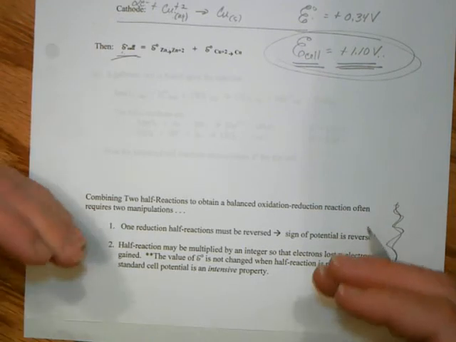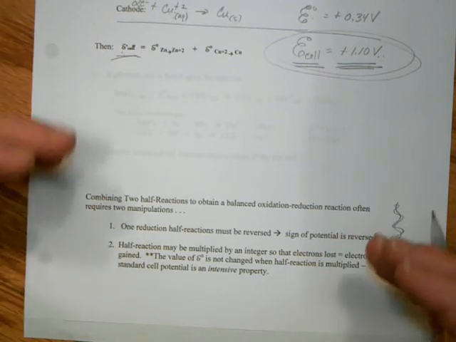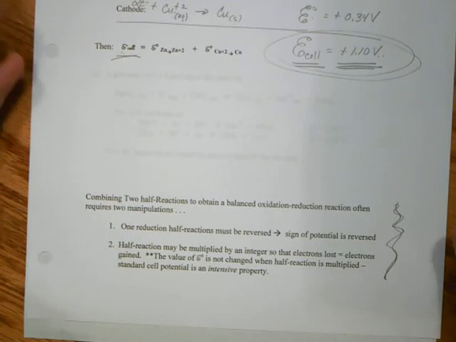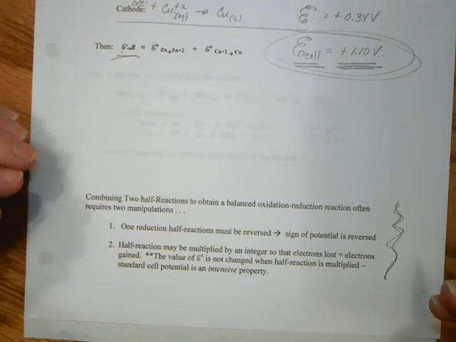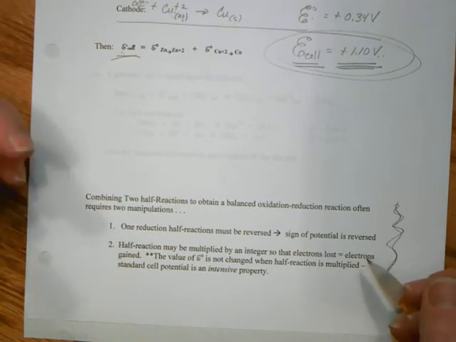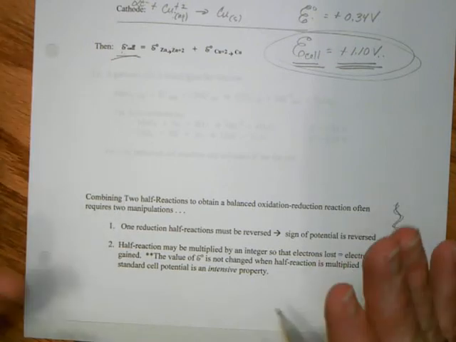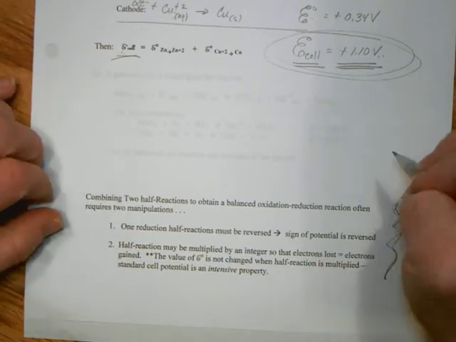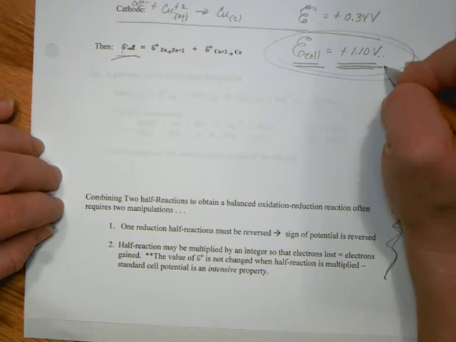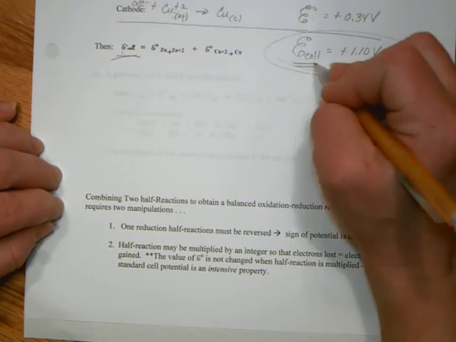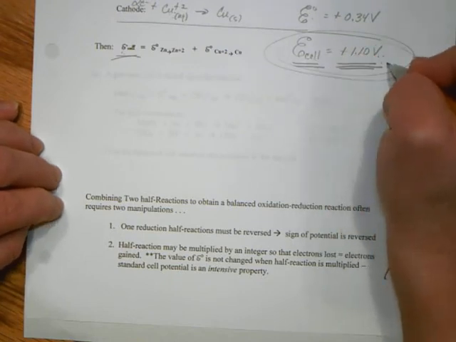Because we're only given reduction reactions, we're going to have to reverse one of our reactions. I'll show you in a moment which one we know to reverse if we're given both reductions. It's the one that's going to then deliver a positive EMF of the cell overall.